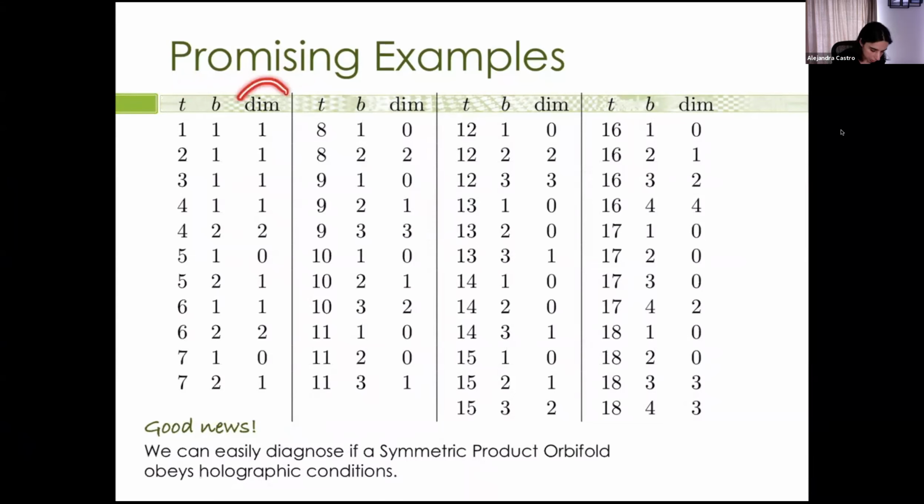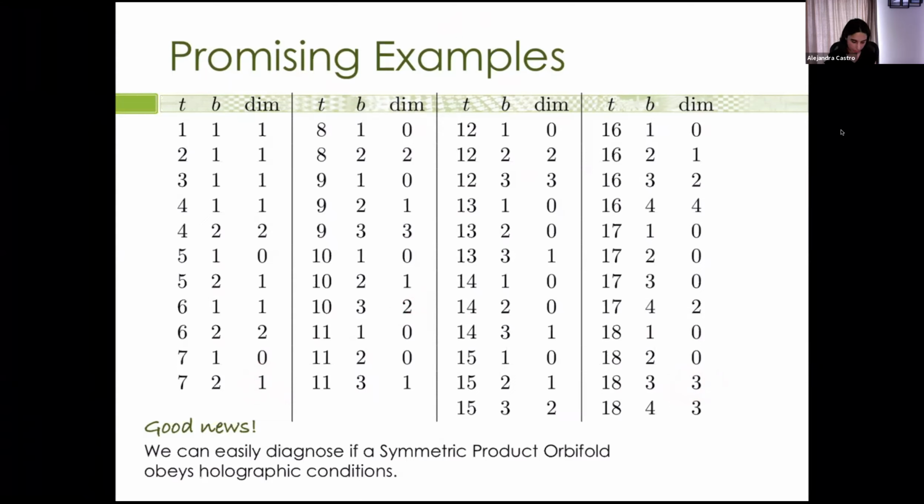And the dimension, this third column, illustrates how many of them are promising, how many of them are slow. Sometimes we get 0, and so there are no Jacobi forms that will satisfy the criteria. But sometimes we get 1, and we get 2, and we get 3. So there are some Jacobi forms that meet the criteria.